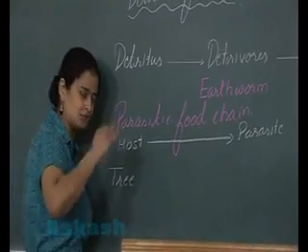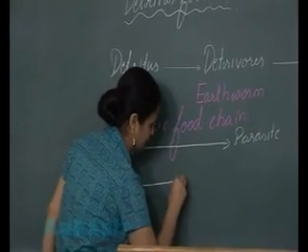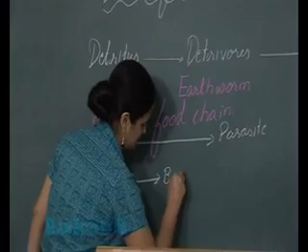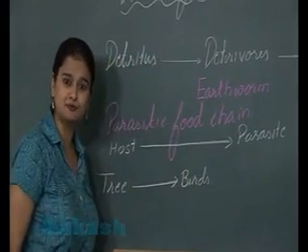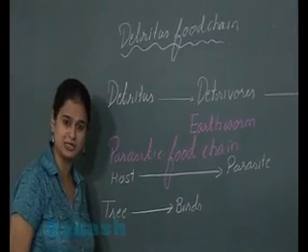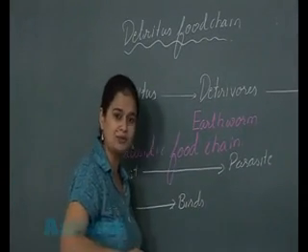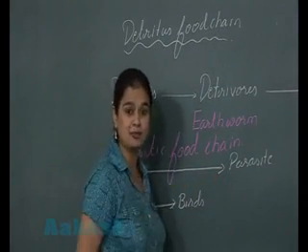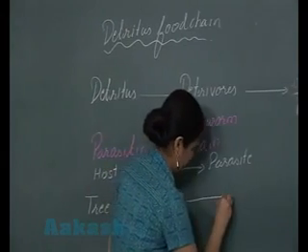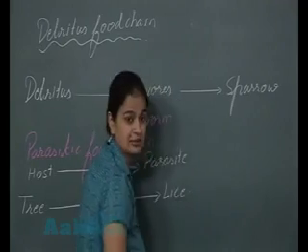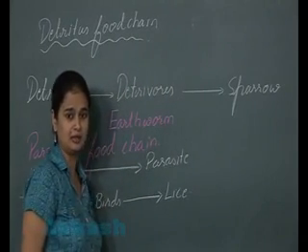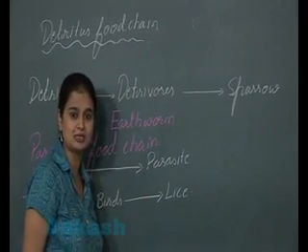Now over the tree there is the presence of fruit eating birds. The birds feed upon the fruits present on the trees. Now over the birds there is the presence of parasites like lice, louse, mites.